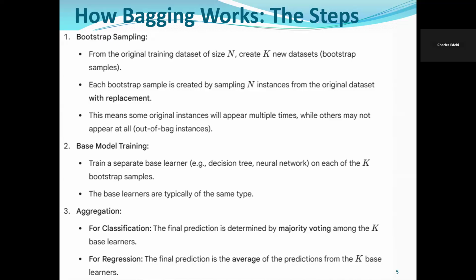Let's start with the bootstrap sampling. After that, we get the sample data we need. The next step is, with each sample, we build a model. Then the third step is aggregation. For classification, we use majority voting among the K base learners, where K is the number of learners, or the number of bootstrap samples we have. For regression, the final prediction will be the average of the predictions from the K base learners.